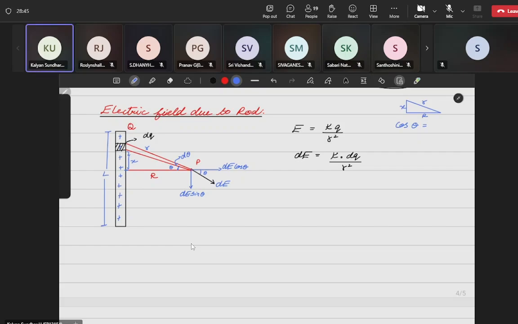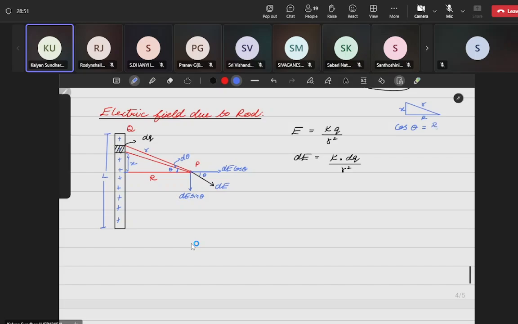So I'm just going to find out for the dq parameter. So cos theta will be equal to adjacent, that is capital R divided by small r. Similarly, for this theta, tan theta will be equal to x divided by R. Now what I'm going to do is x will be equal to R into tan theta.